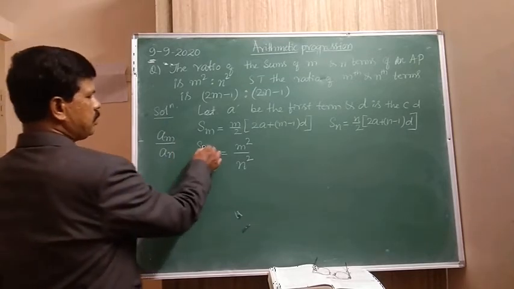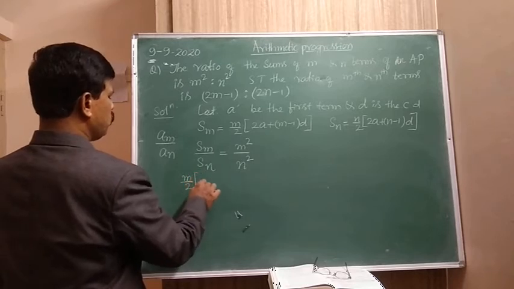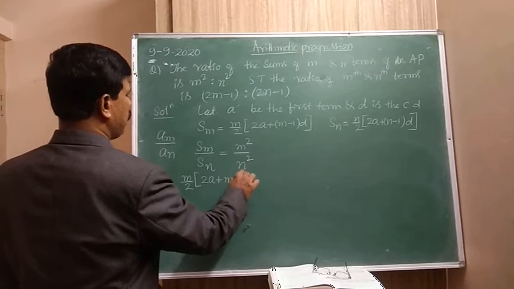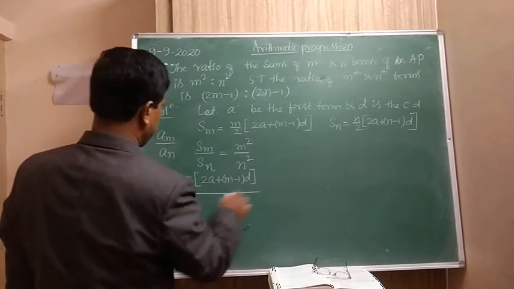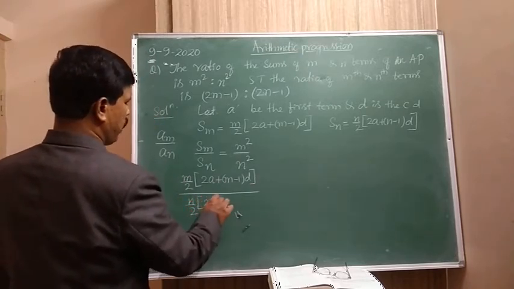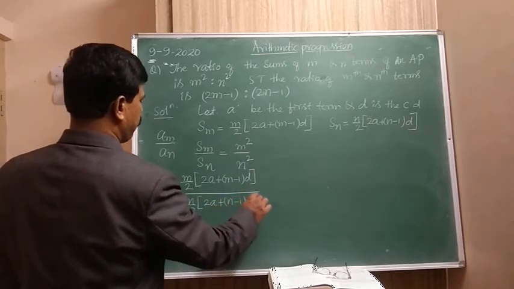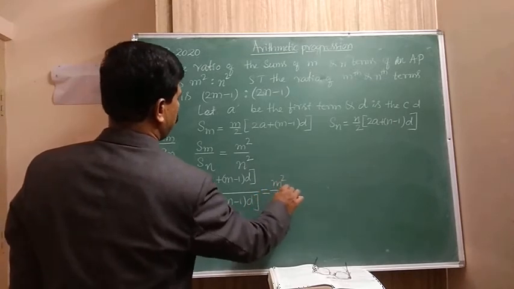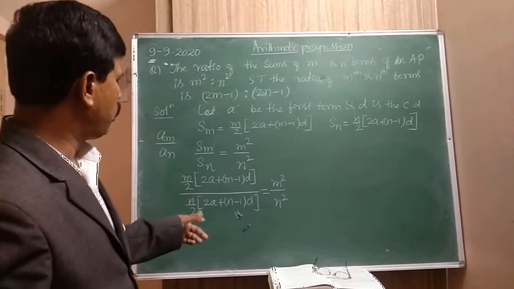Now, on substituting, m by 2 into 2a plus m minus 1 into d, whole divided by n by 2 into 2a plus n minus 1 into d, is equal to m square by n square. Now look at the next step, a very important one.